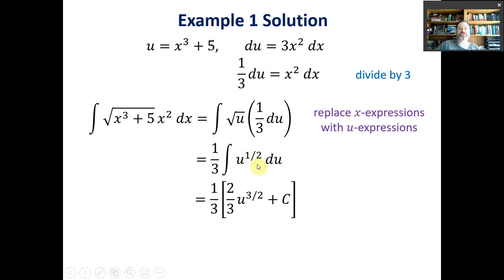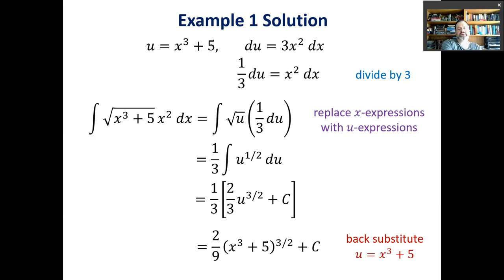If you're still struggling going from this step to this step, show the steps, but I'm not requiring it. And then simplify and back substitute, right? So 1/3 times 2/3 is 2/9. This u to the 3/2, u is really x cubed plus 5, plus c.